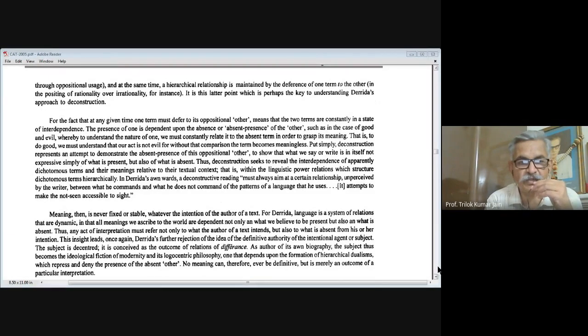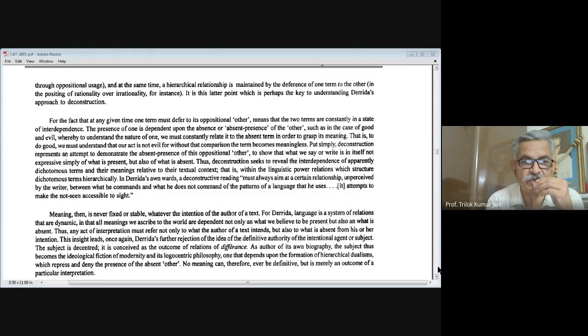in that all meanings we ascribe to the world are dependent not only on what we believe to be represented but also on what is absent. Thus, any act of interpretation must refer not only to what the author of the text intends, but also to what is absent from his or her intention. This insight leads once again to Derrida's further rejection of the idea of the definitive authority of the intentional agent or subject.